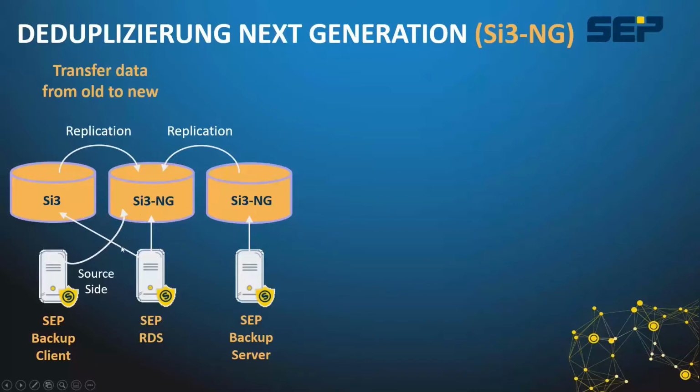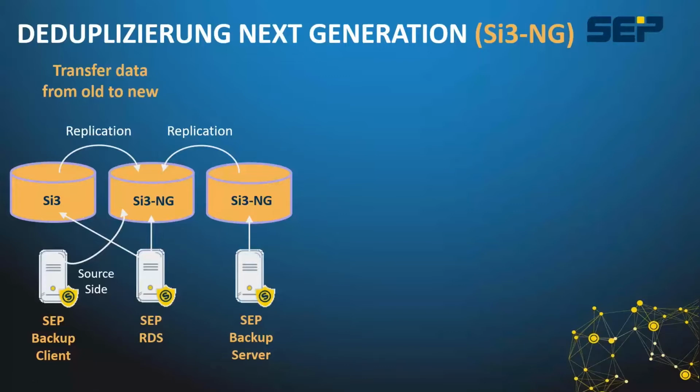And as you can see from these arrows, it is now possible to have more than one deduplication store at one RDS or one backup server. I don't know the maximum exactly, but it's possible maybe to have 5 different deduplication storages at one RDS. And this helps a lot when it comes to scalability, for instance.